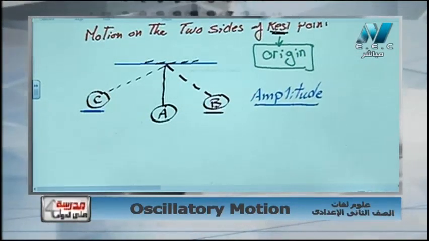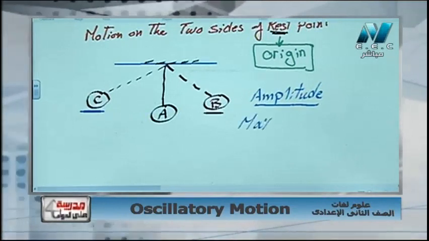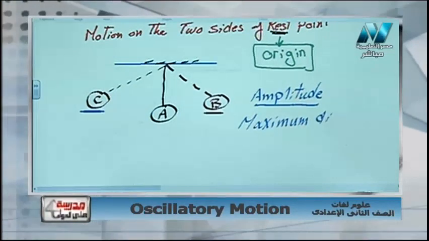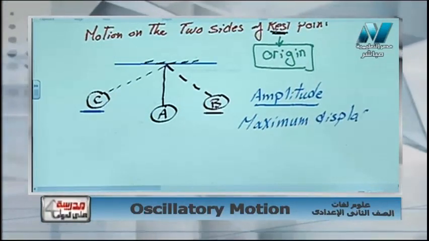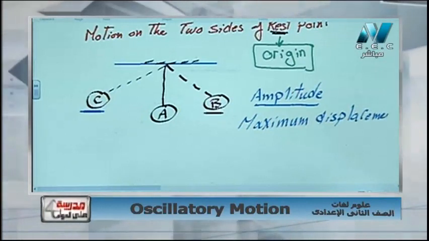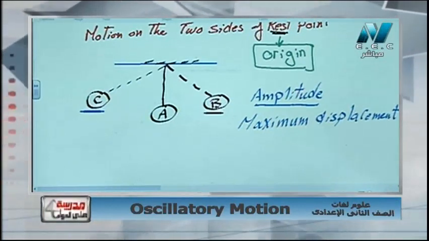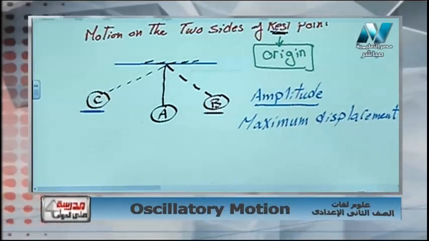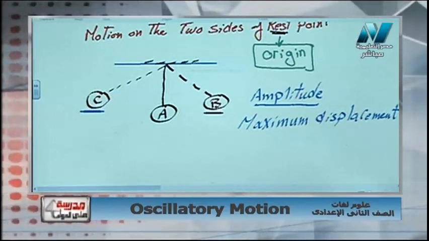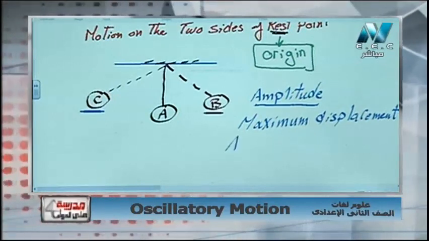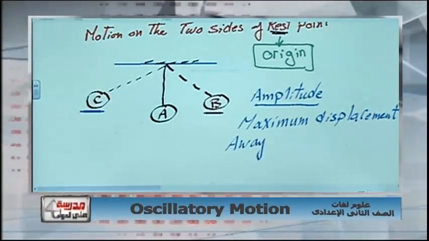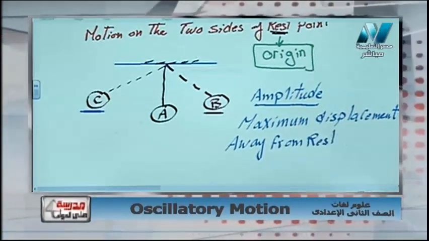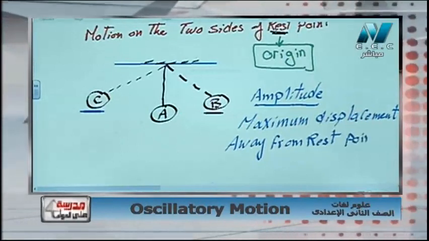Amplitude is the maximum displacement away from the rest point. The word displacement means distance, though not actually distance; there is a difference we will study in third prep.